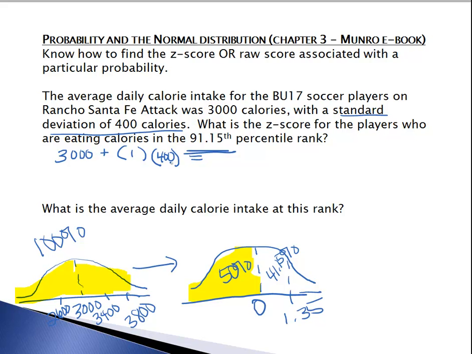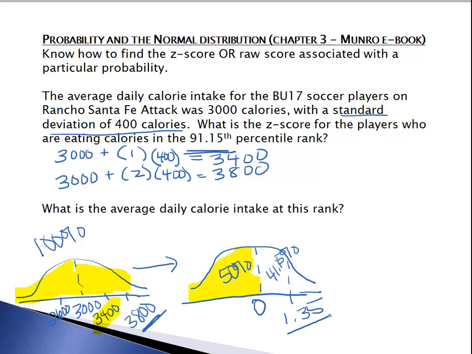So 1 times 400, 400 plus 3,000, and I got 3,400. Then when I went 2 standard deviations from the mean, I did similarly. 2 times 400 is 800 plus 3,000 is 3,800.